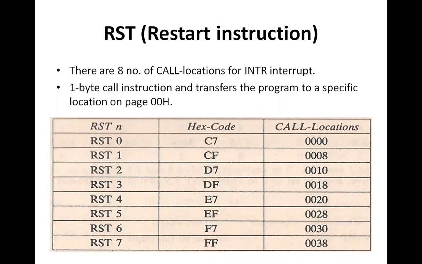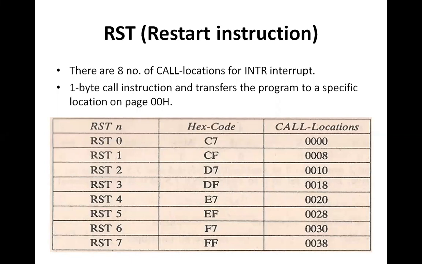When the INTR line is high, the microprocessor saves the content of the program counter onto the stack and then sends an interrupt acknowledge signal to that particular external device. In response to that interrupt acknowledge signal, the external hardware device is going to generate an RST code. And when the microprocessor receives this code, it transfers the program to the corresponding call location.